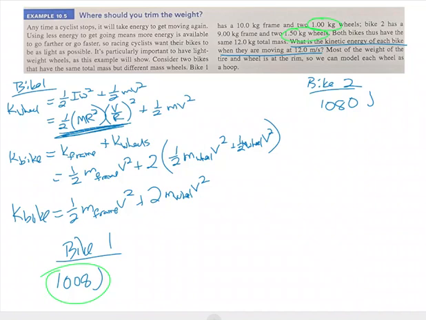You want your wheels to weigh as little as possible, because the energy required to spin them up is less. Even though it's 1080 versus 1008, it is still more energy used to get it going as opposed to the other one. You'll have an advantage getting off the line as opposed to somebody else.